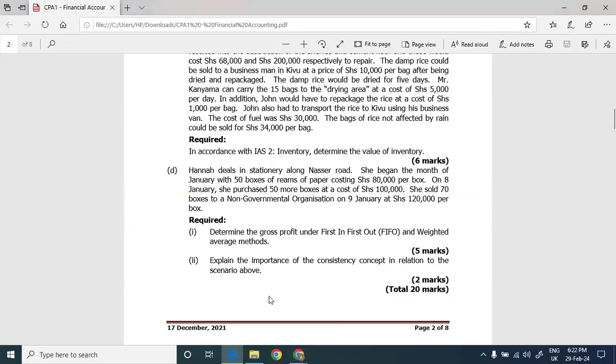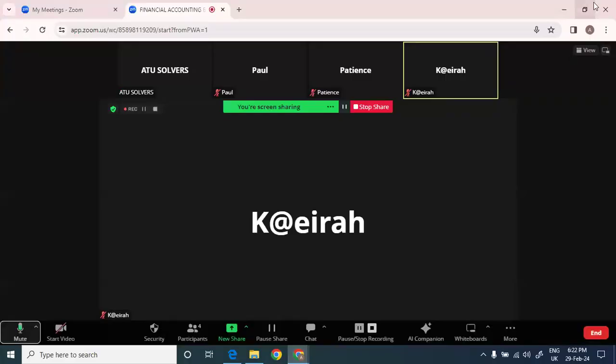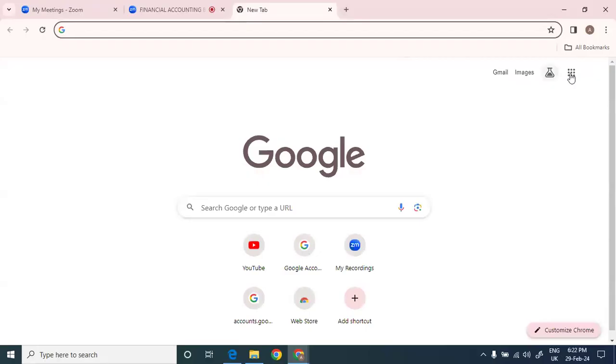They are telling us that we determine gross profit using first in, first out, then weighted average methods. We come here, we go to our workings.